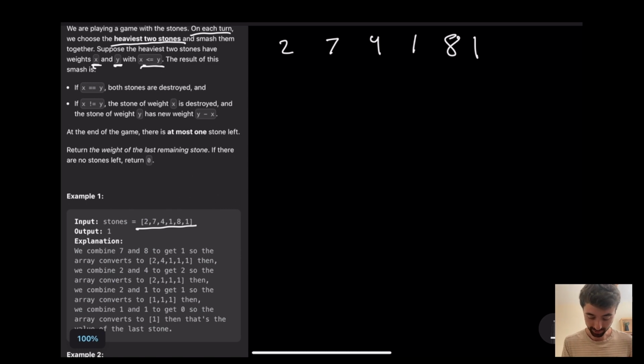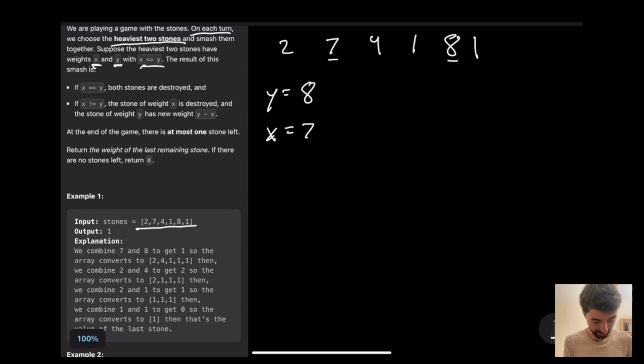Right. So in the first turn, the two biggest stones are 7 and 8. And because those are different, y is the bigger one. So we'll set y equal to 8 and x equal to 7. Great. So now we smash them together.